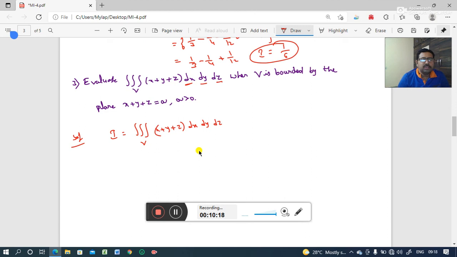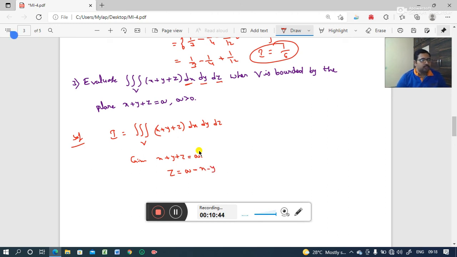To identify the limits, you take the given expression x plus y plus z equals a. Here you take the expression for z directly. So z equals a minus x minus y.